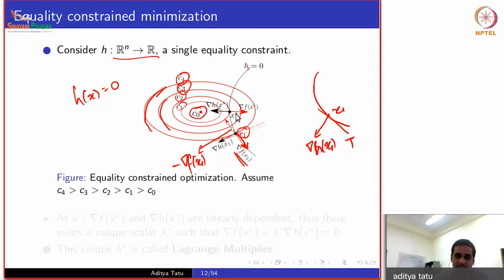So let us look at this point x star here. At this point, the gradient of f points in this direction, the red arrow. Gradient of the constraint function h points in exactly the opposite direction. In this case, I can either move in this direction or in this direction. But by moving on this curve in any of these directions, is the value of the function going to change?